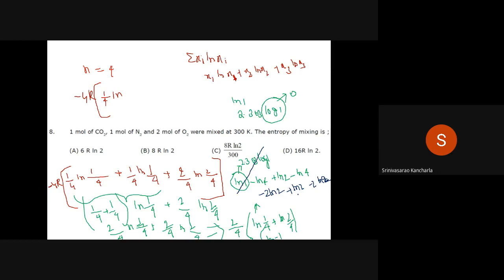It is easy for you to follow them. Overall, what I got is minus 4 natural log 2 plus 1. Okay, so I'm writing it as minus 3 natural log 2. Any doubt in this so far? If you have any doubt, you can ask me without any hesitation, okay?